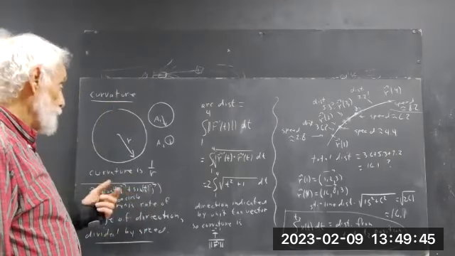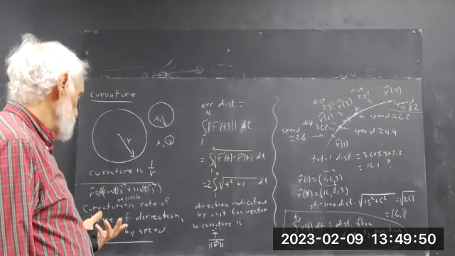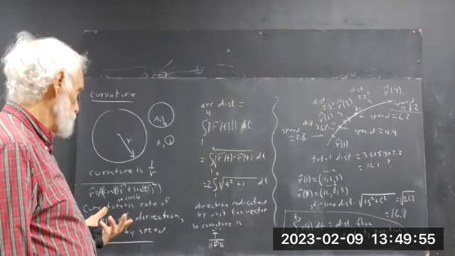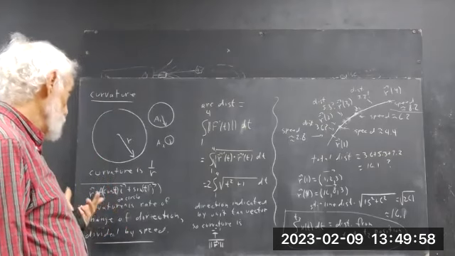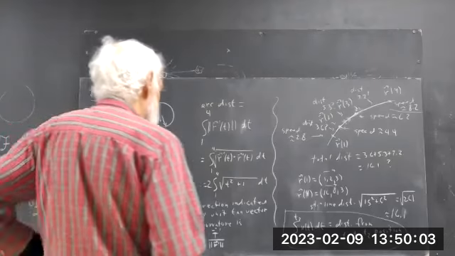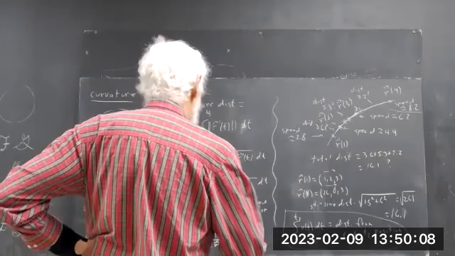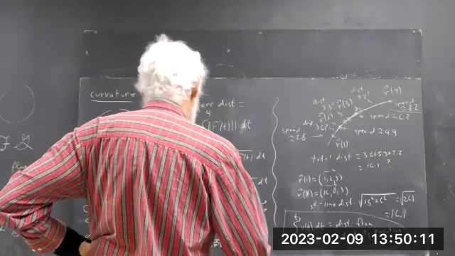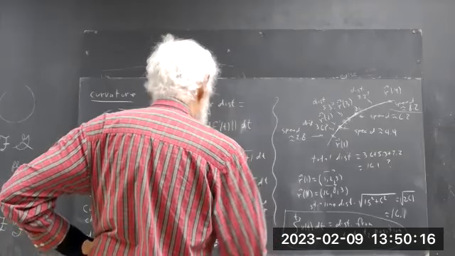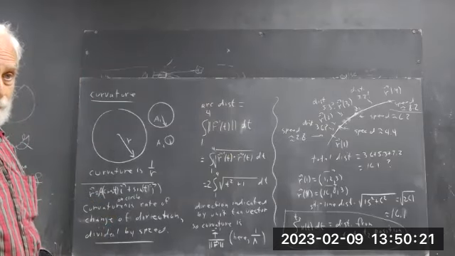Now we take the derivative of this and divide by the magnitude of the derivative, which is a, and you get just that. Here that comes down to 1 over a, because the magnitude of r prime is just a.